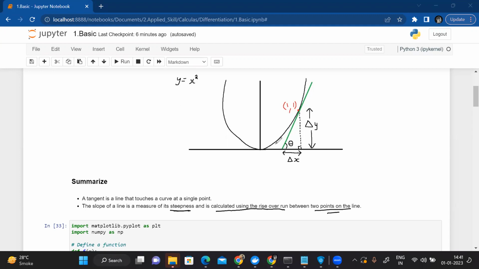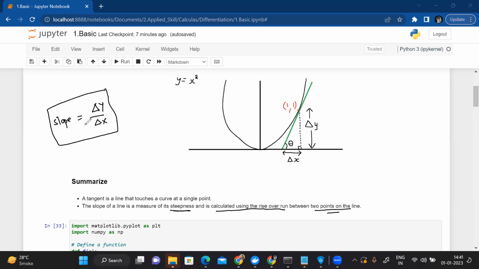For example, how this line is changing over time: if x is changing, how y is changing with respect to x. That is going to be your slope.